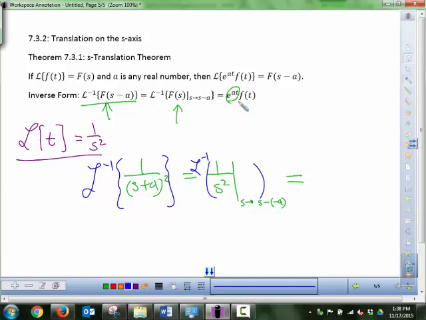And so to get back to the real world, I'm going to use my shift. I shifted by negative 4, so that's e to the negative 4t times the L inverse of this, times t.